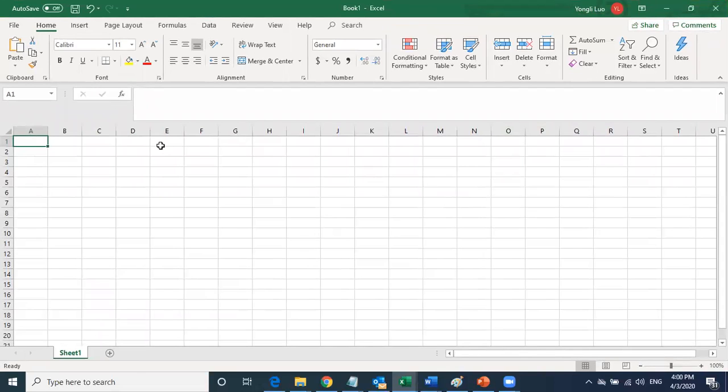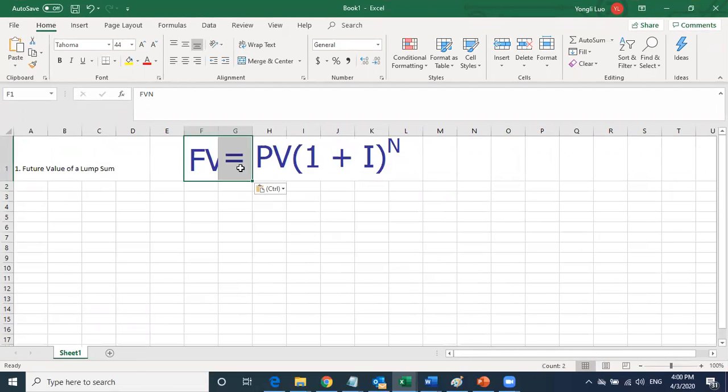Here we have the future value of a lump sum question, and this is the formula we can use.